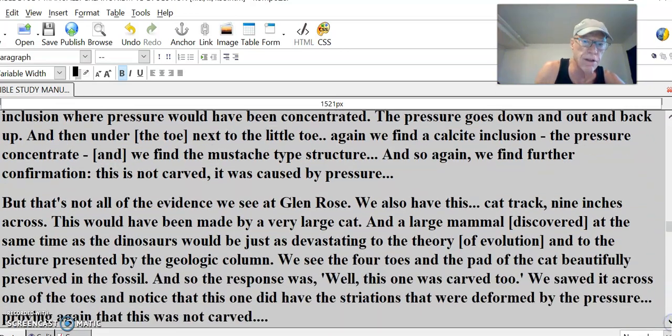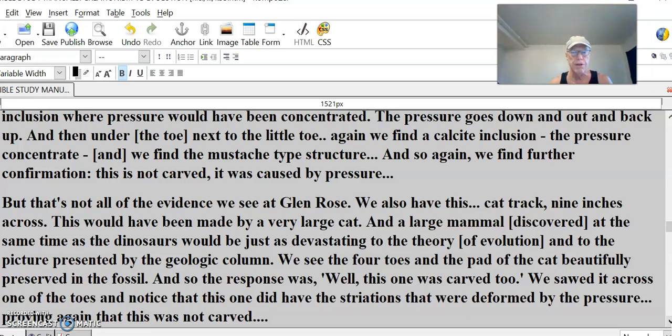But that's not all of the evidence we see at Glen Rose. We also have this, a cat track, 9 inches across. This would have been made by a very large cat, and a large mammal discovered at the same time as the dinosaurs would be just as devastating to the theory of evolution and to the picture presented by the geologic column.